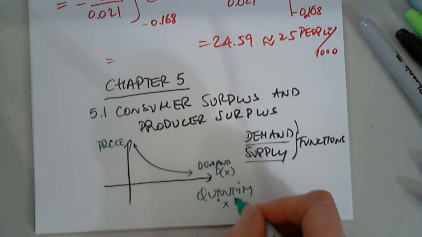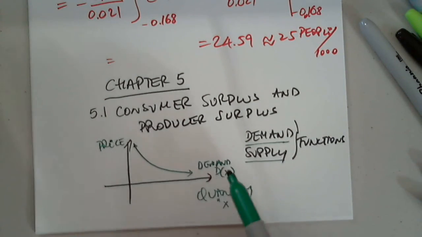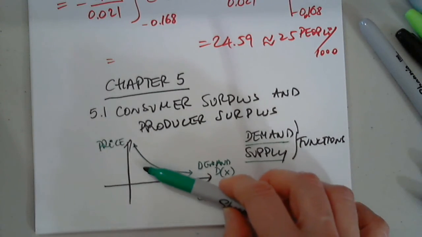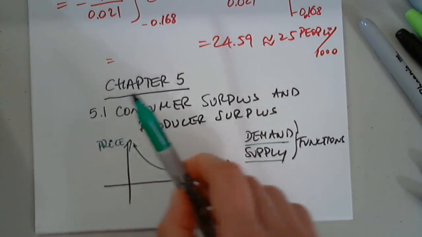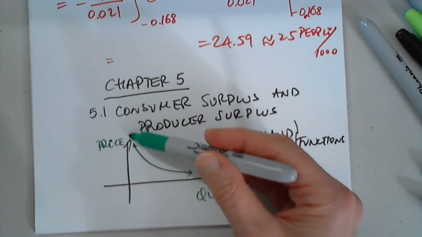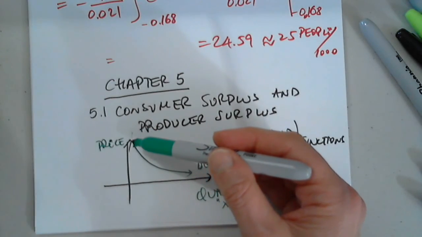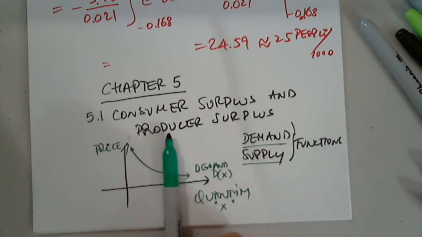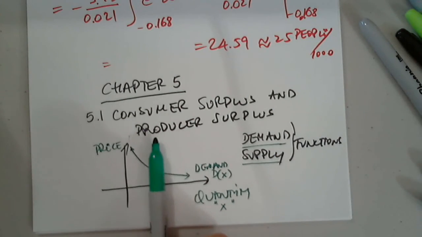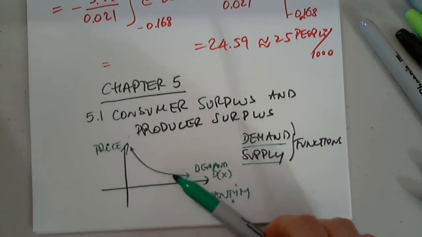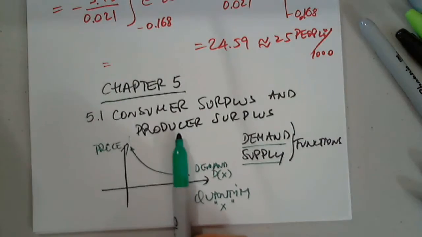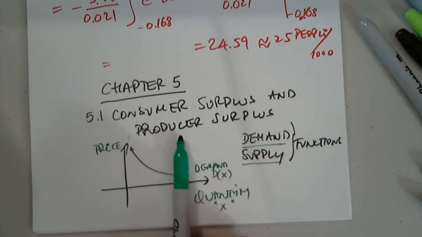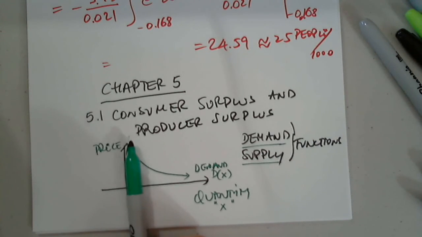X is the quantity. So what is happening here? The higher the price, the demand is lower. The quantity requested is lower. Higher the price, lower the quantity that we can afford to purchase.